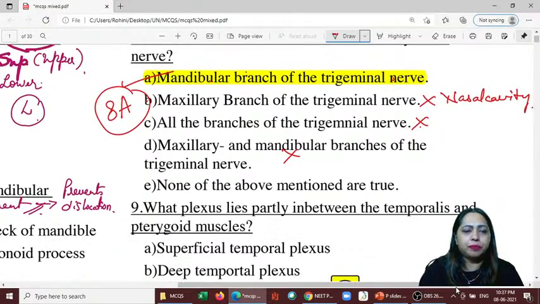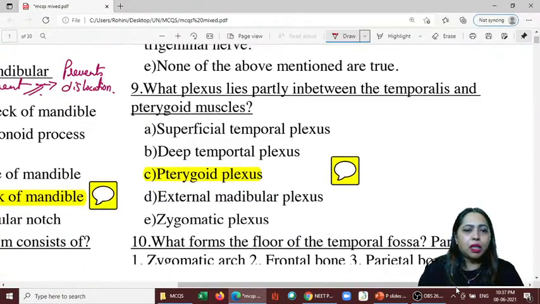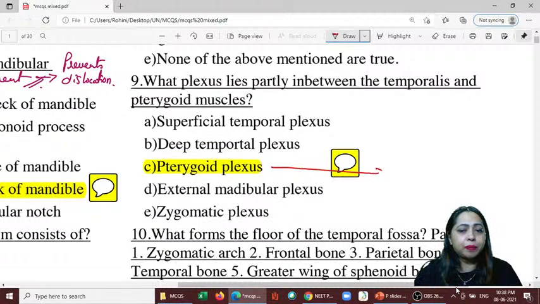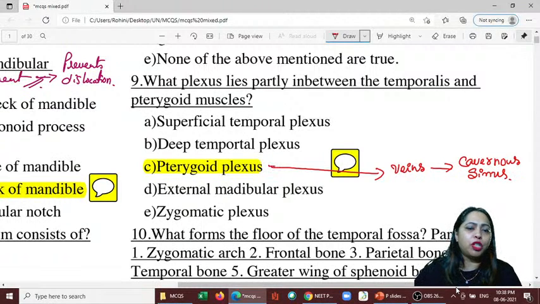Next we have, what plexus lies partly in between the temporalis and pterygoid muscles? Now we have the pterygoid plexus of veins. They communicate with the cavernous sinus. And which one drains into the pterygoid plexus?